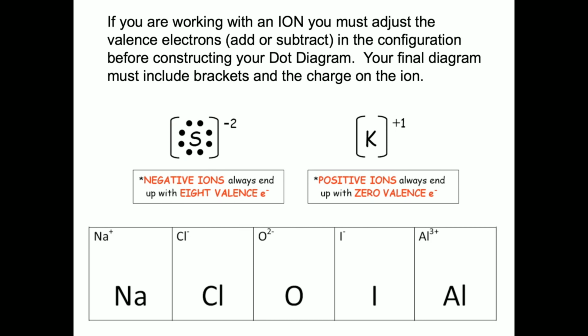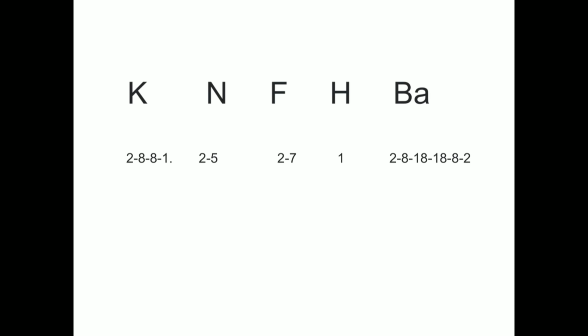Let's do a couple ions together. So here are the atoms that we looked at before. Now that we're going to examine their ion structure, the first thing you'll want to do is look up the ion charge on your reference table.